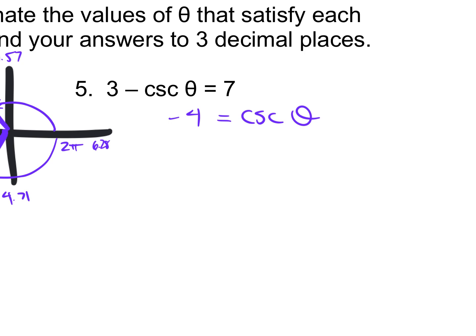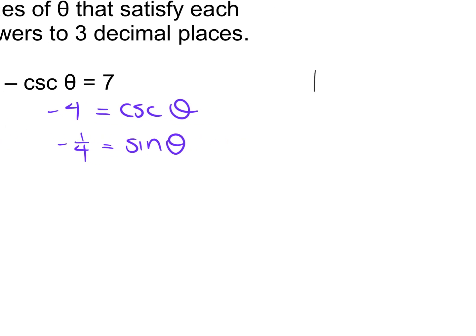No, I never solve with a cosecant. I always switch it to a sine. So if cosecant is equal to -4, what is sine equal to? -1/4. So before I ever type anything in my calculator, here is where I draw my picture. Where is sine negative? 3 and 4. All right, see if you can find those two answers, 3 and 4.